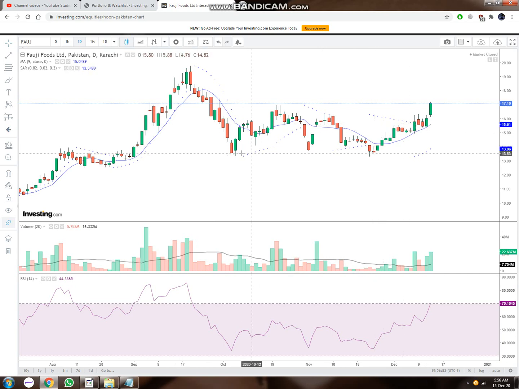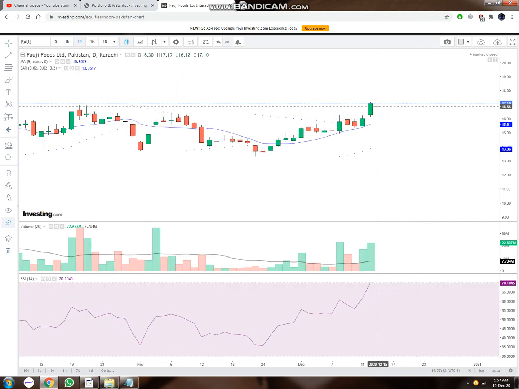So if you master this psychology of the traders by noticing these candlesticks, then you'll become a professional trader, and you know where the market would head. Plus, if you can use these indicators as well, then you'll be a professional trader in the stock market.